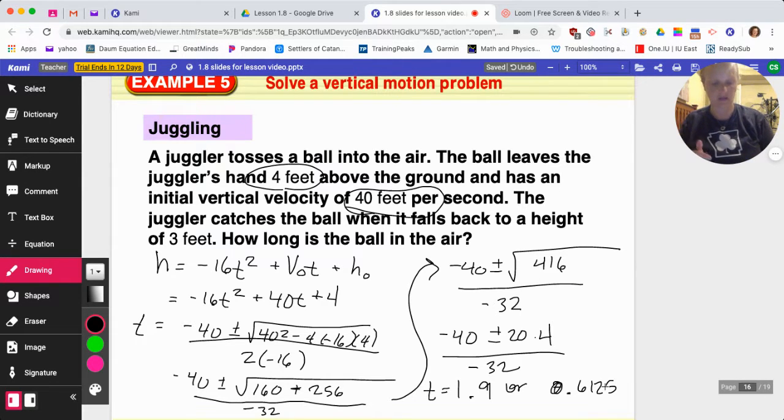I have two answers here. I think I made a mistake. Let's check this out. Negative b, 40 minus 4 times 16 times 1. Negative 4ac. Huh. Oh, they simplified every number.